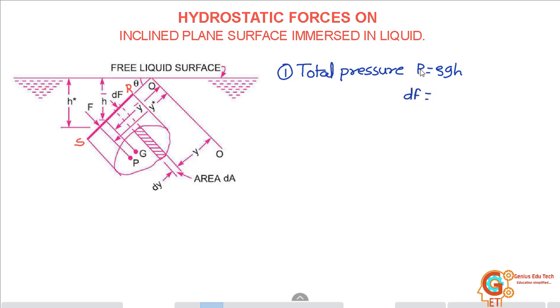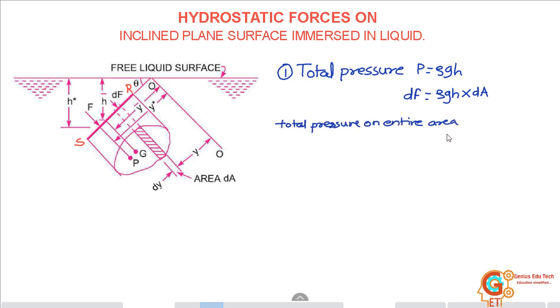Pressure force is pressure intensity into area, so pressure intensity is rho gh into area is dA. But we are not interested to find out the total pressure acting on this elemental area. Our aim is to find out the total pressure acting on the whole arbitrary area. So to get total pressure on entire area we will integrate dF.